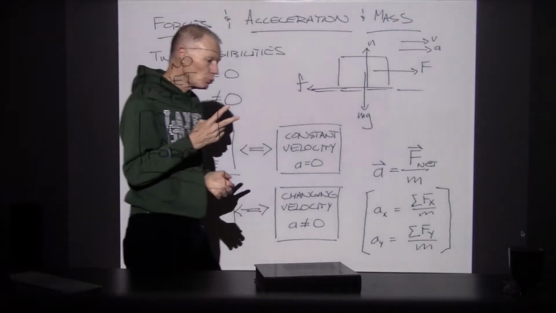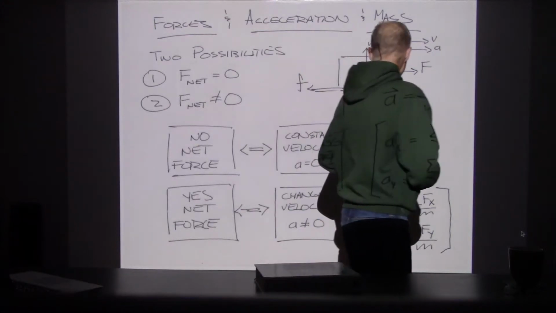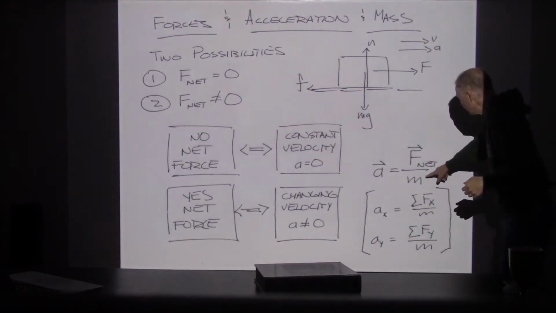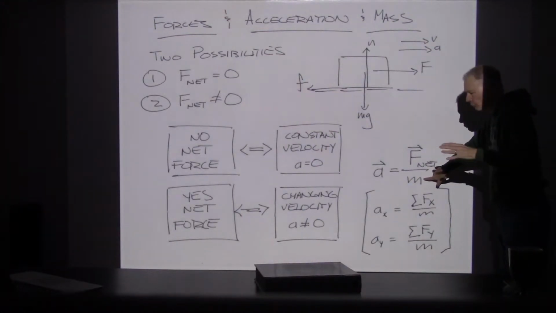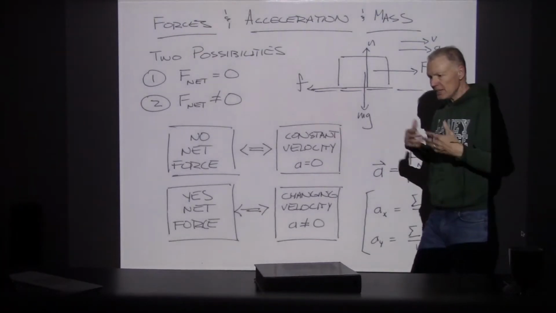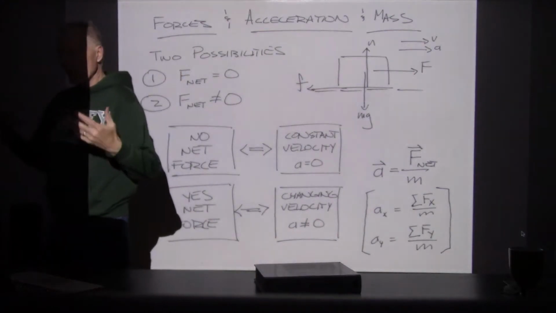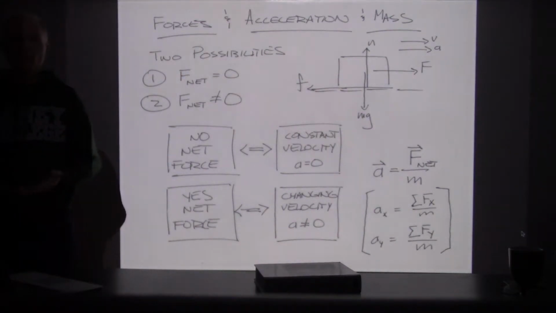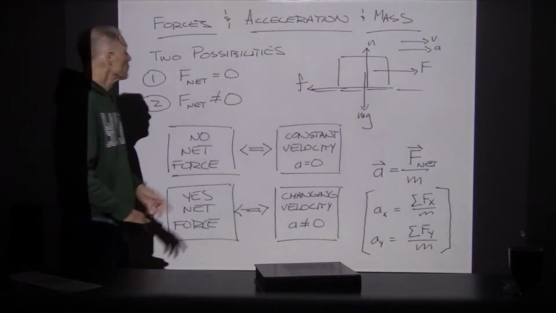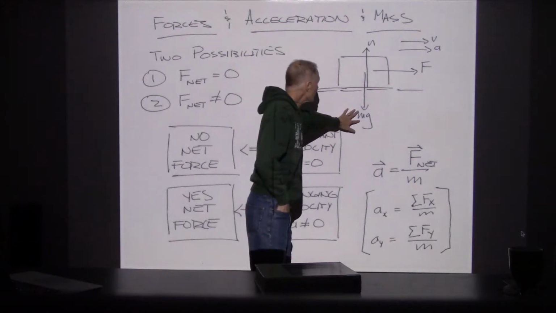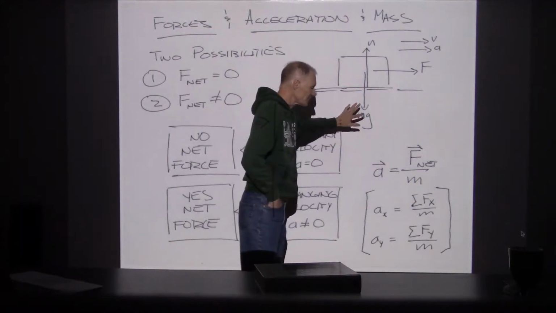Mass has two distinct properties. Mass shows up in this formula, the first and second law combined. And in this formula, mass is an inertia that helps determine how much acceleration there will be for a given force. But the mass that we have here is a gravitational effect specifically.